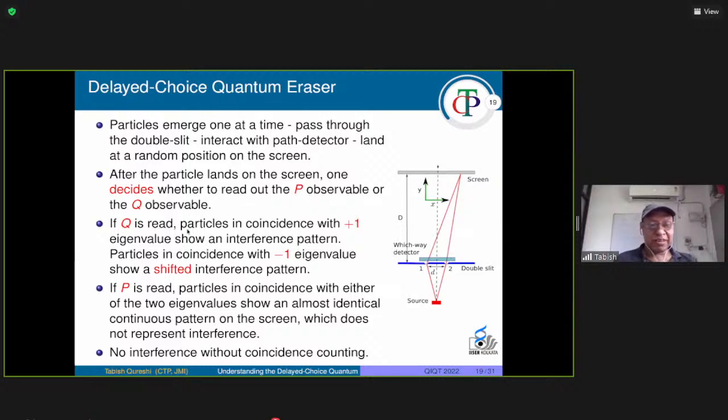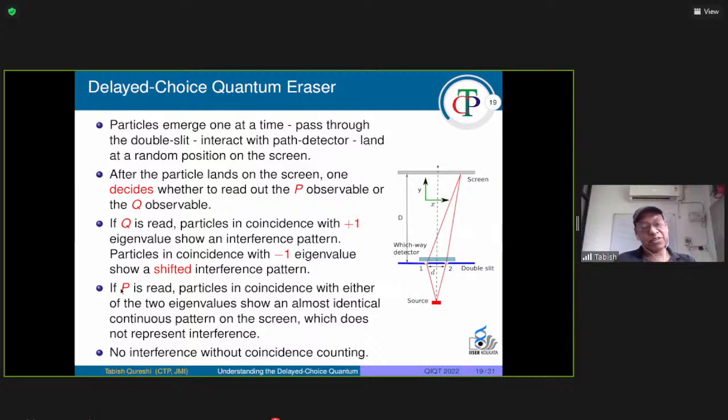If Q is read, particles in coincidence with the plus eigenvalue show an interference pattern. So this does happen in the delayed mode also. And particles in coincidence with the minus eigenvalue of Q also show an interference pattern, but it is shifted.